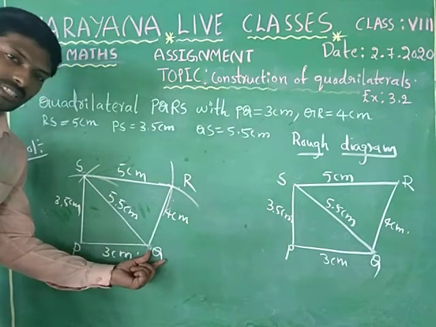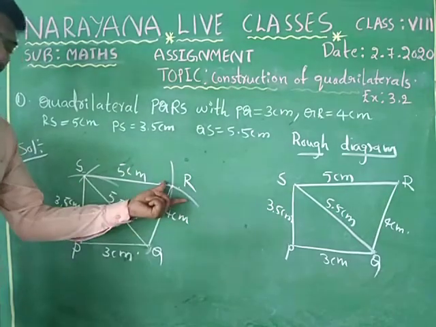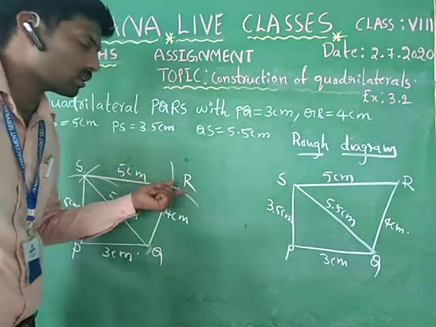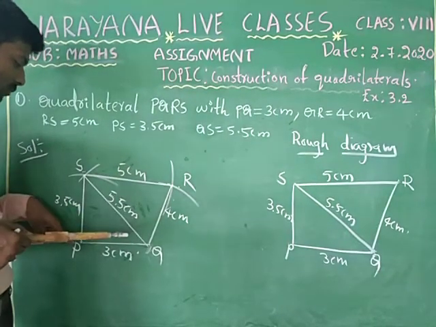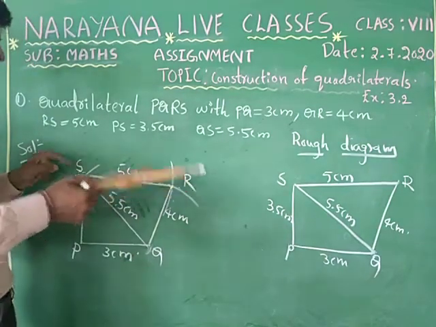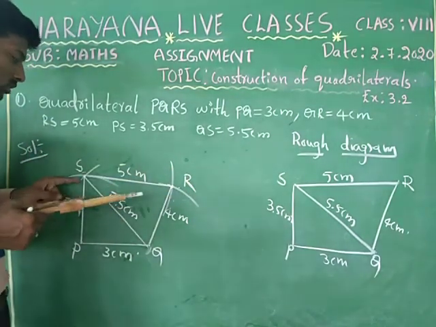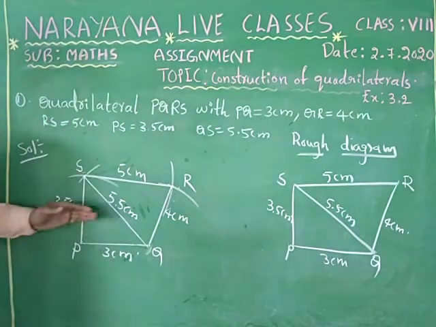Again, consider Q as a center with radius 4 centimeter and draw one more arc. The point of intersection of these two arcs is capital R. Now join S with P, R with Q, and S with R. Hence you can construct a quadrilateral PQRS. Like that you have to write.